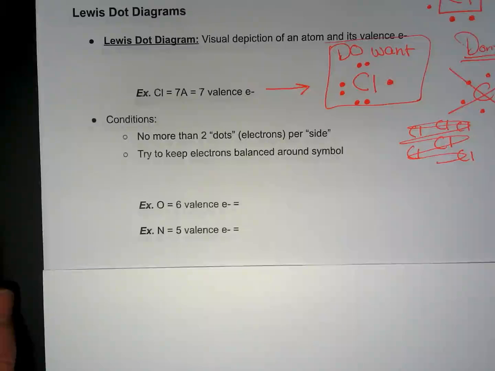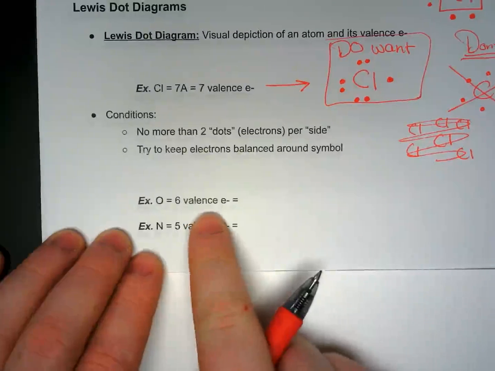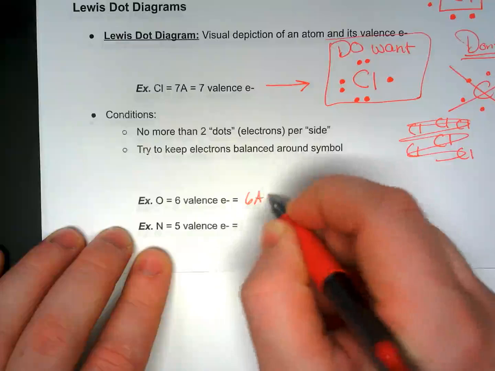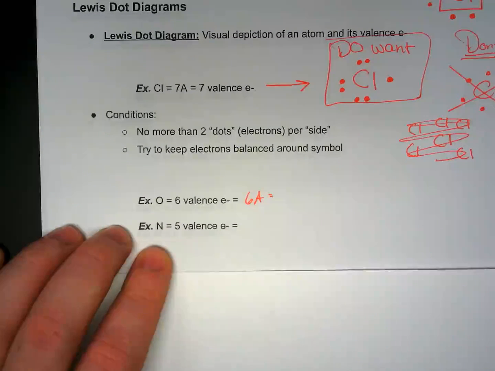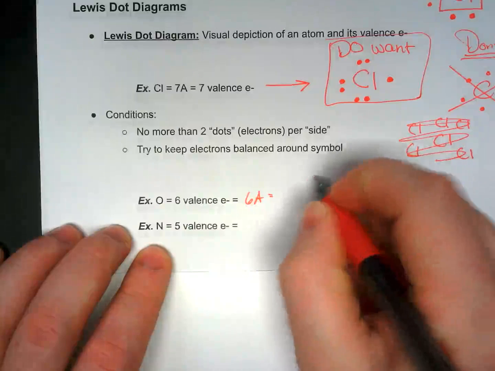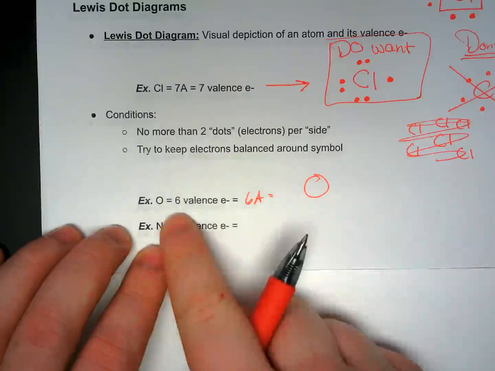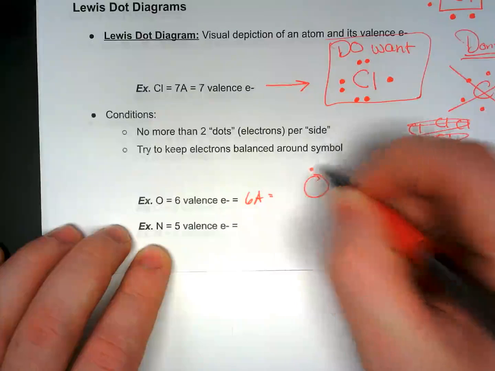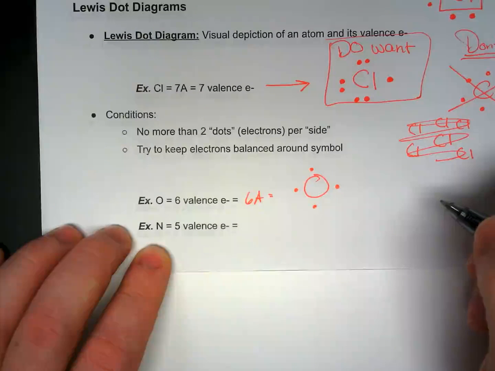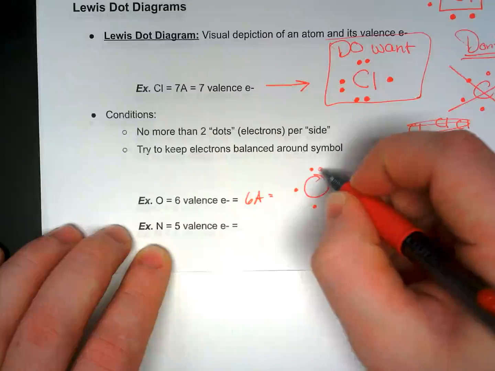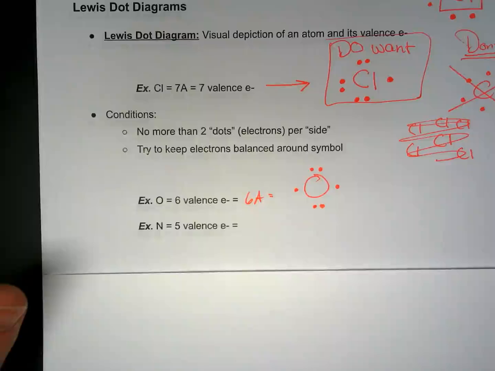So let's try oxygen. We know oxygen has 6 valence electrons because we know it's in 6A. I'm just writing that down to remind you. So oxygen, the chemical symbol is just O, has 6. I'm going to go 1, 2, 3, 4, and then 5, 6, and that's balanced and even.